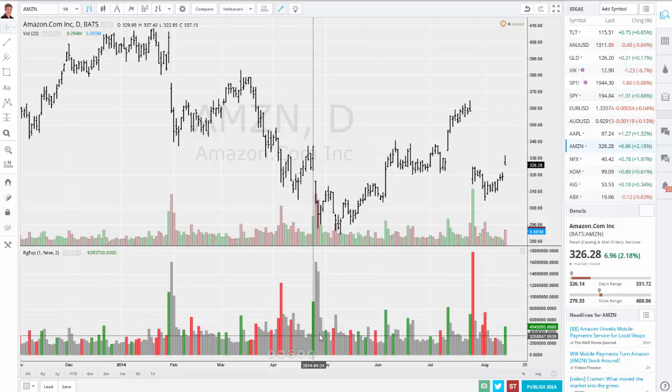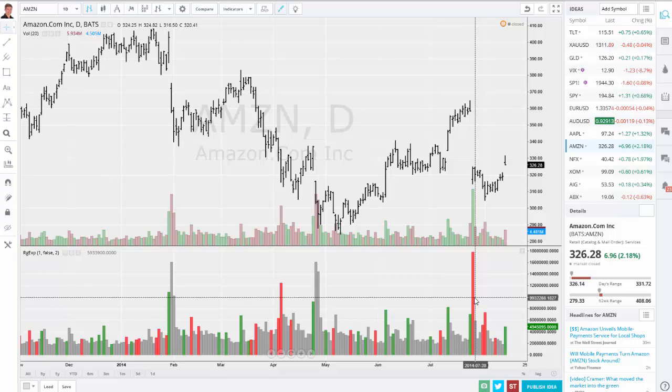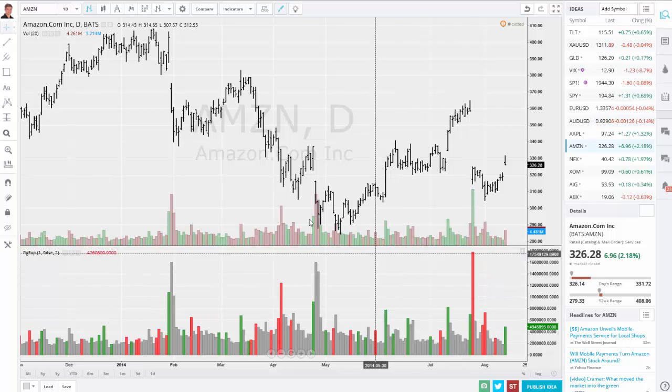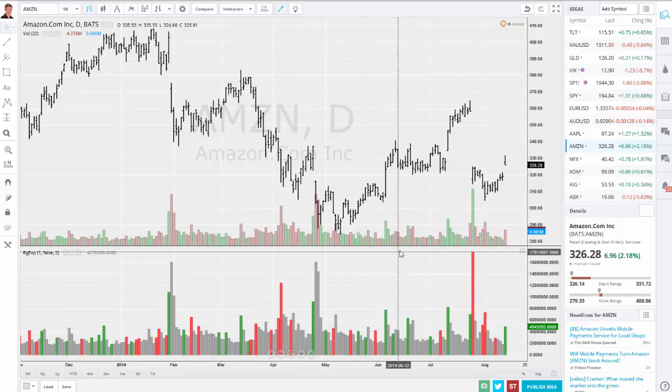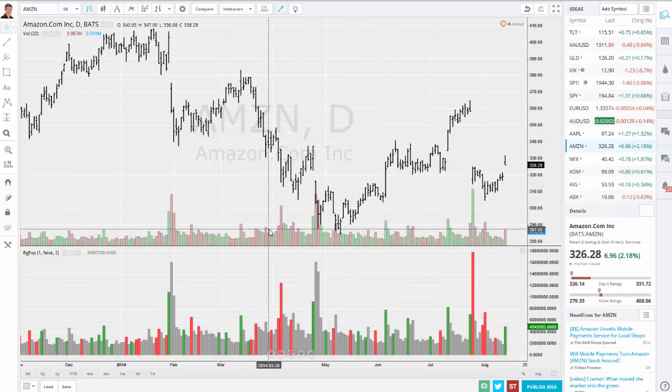So I think you'll find that knowing volume, whether it's expanding and prices expanding, is a more useful barometer to looking at a chart than not knowing it. And you don't want to look at the volume on everything. You just want to look at volume on the interesting charts, on the interesting days.